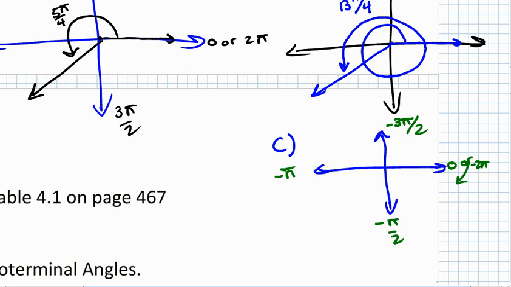Now, if we're talking about negative pi over 4, well, pi over 4 is less than pi over 2, so we're just talking about an angle that goes just a little bit this way. So that would be negative pi over 4. And that's how we draw angles in standard position.